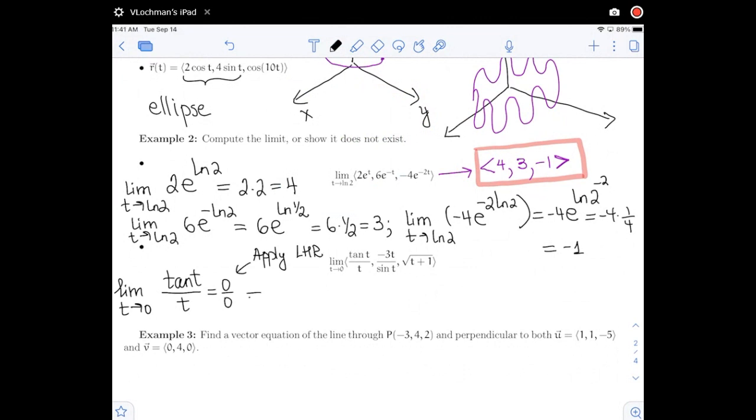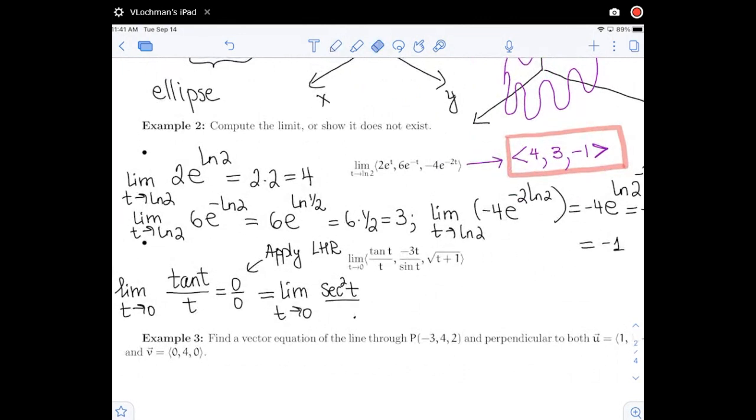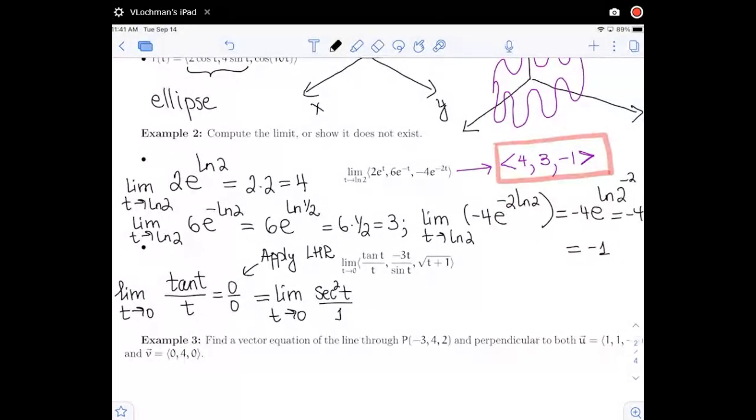Once we do this, we get the limit as t goes to 0 of the derivative of tangent, that's secant squared, over the derivative of t, that's 1. Once we evaluate this, secant squared of 0 is 1, and 1 divided by 1 gives us 1. So no problem here. This was one of those indeterminate forms, and we know how to deal with that.